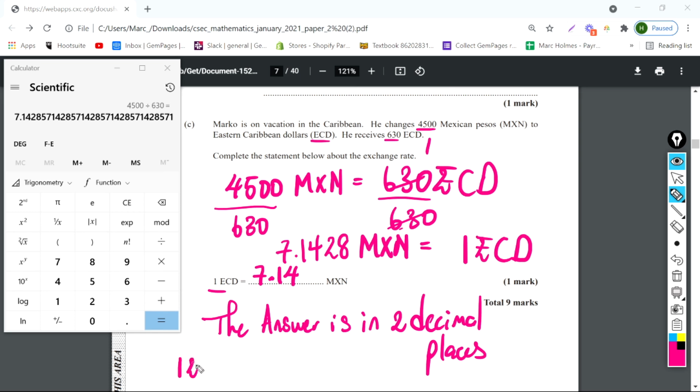So 1 ECD is equal to 7.14. It would be 7.143, but we're just gonna leave it as 2 decimal places, 7.14. Cool. So this is the answer, guys. This was an easy question as well. It was also 1 mark. And the total marks for this number 1 question is 9 marks. So I think we could pick up the 9 marks here. I think it's reasonable. And that's it.